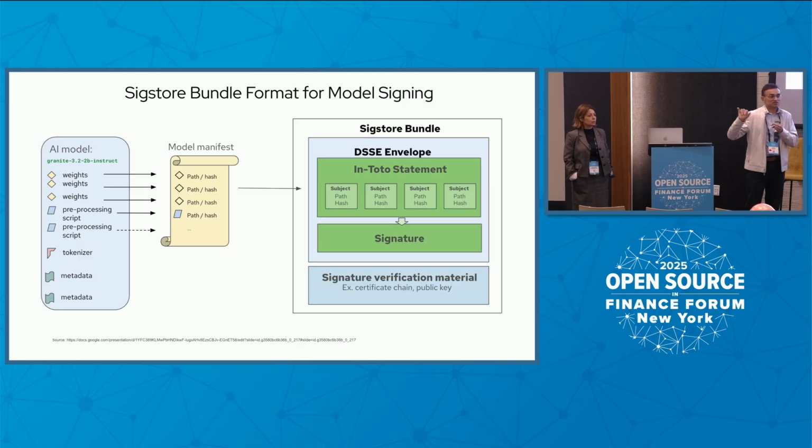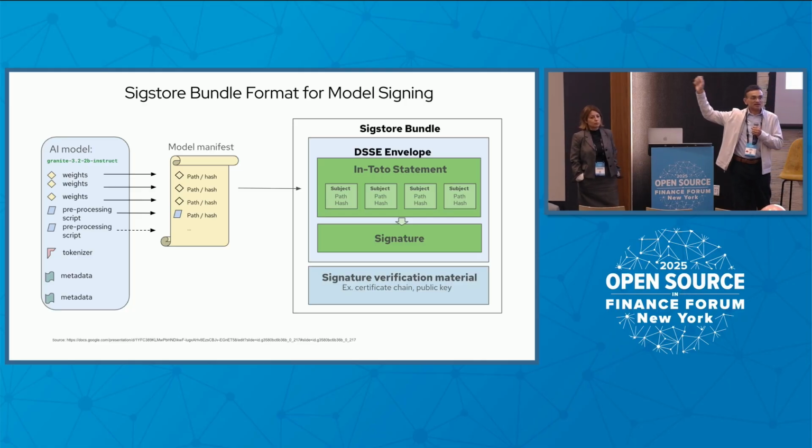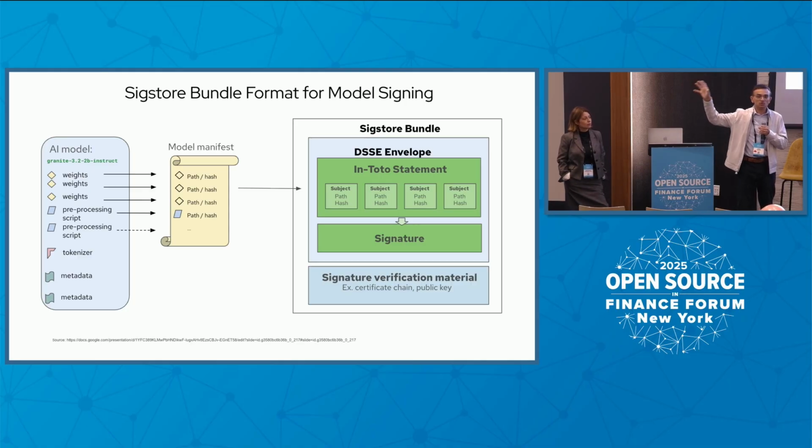That's because it supports OpenID Connect. So you can get an OIDC token and use that for signing. So your trust is on that identity provider. That could be Google, it could be GitHub, it could be your enterprise's single sign-on or Entra ID, right?